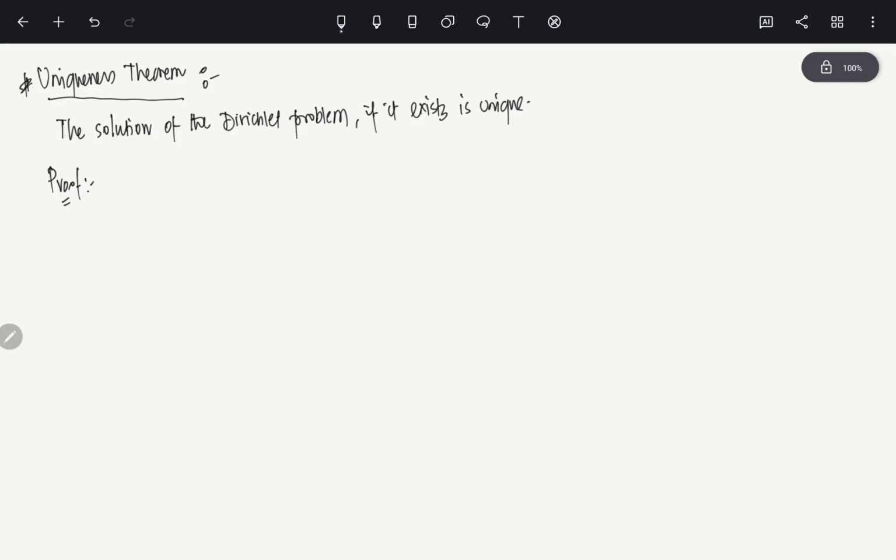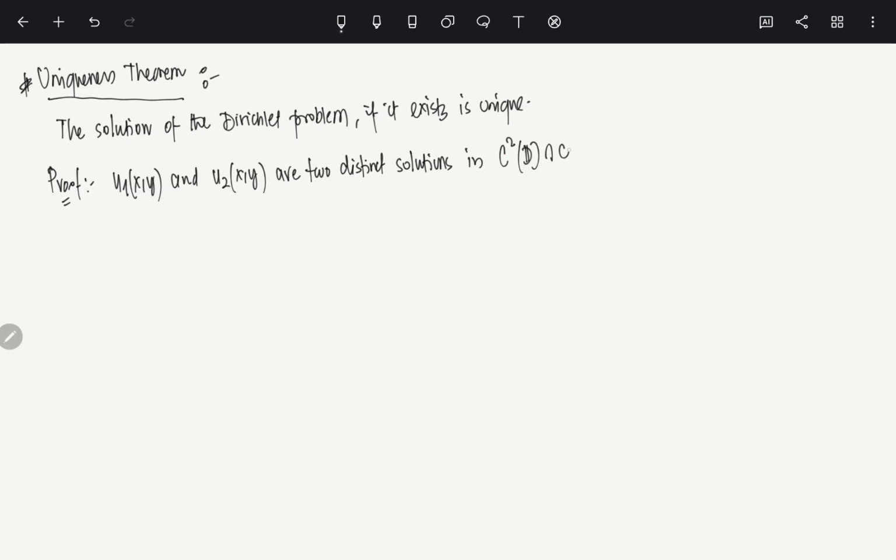A very, very simple proof. Let's say that two solutions are there, u1 of xy and u2 of xy, two distinct solutions in C2, that is twice continuously differentiable in some domain D, union the boundary, where D bar means it is continuous up to the boundary. So let's start with two distinct solutions in this space.